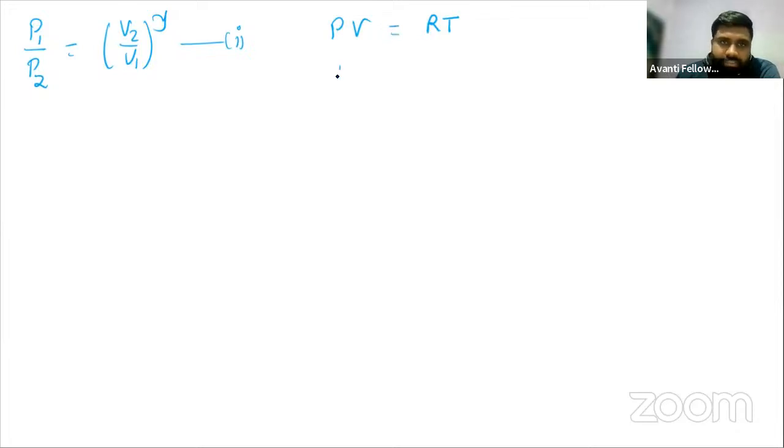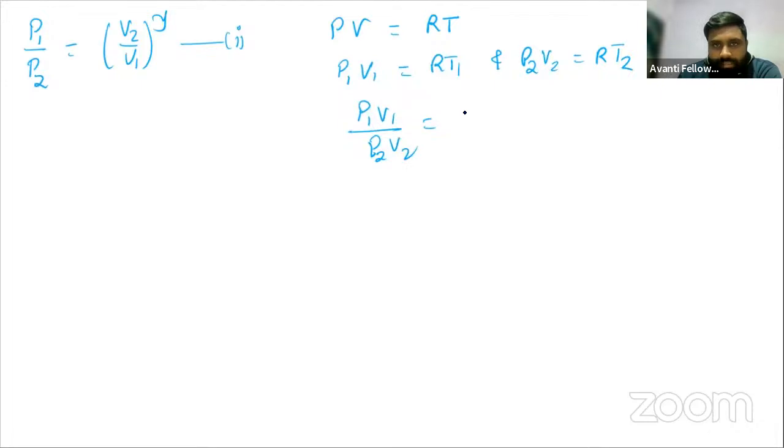So P1 V1 equals RT1 and P2 V2 equals RT2, because R is the universal gas constant and remains constant. If you take the ratio, P1 V1 by P2 V2 becomes T1 by T2. Again, we are interested in T1 by T2.